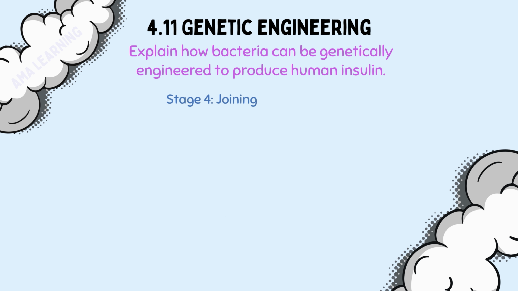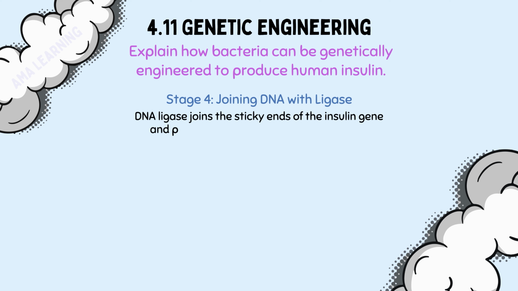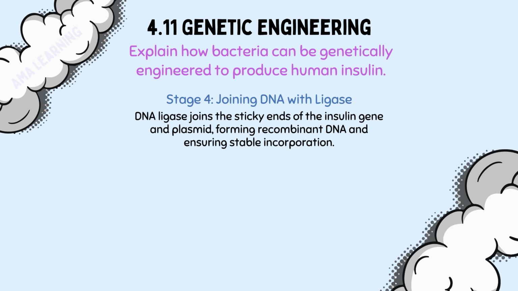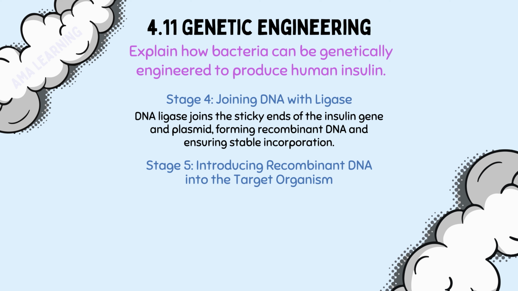Stage 4. Joining DNA with ligase. DNA ligase acts as a glue to join the sticky ends of the insulin gene and the plasmid DNA, forming recombinant DNA. This step ensures the insulin gene is stably incorporated into the plasmid. Stage 5. Introducing recombinant DNA into the target organism.